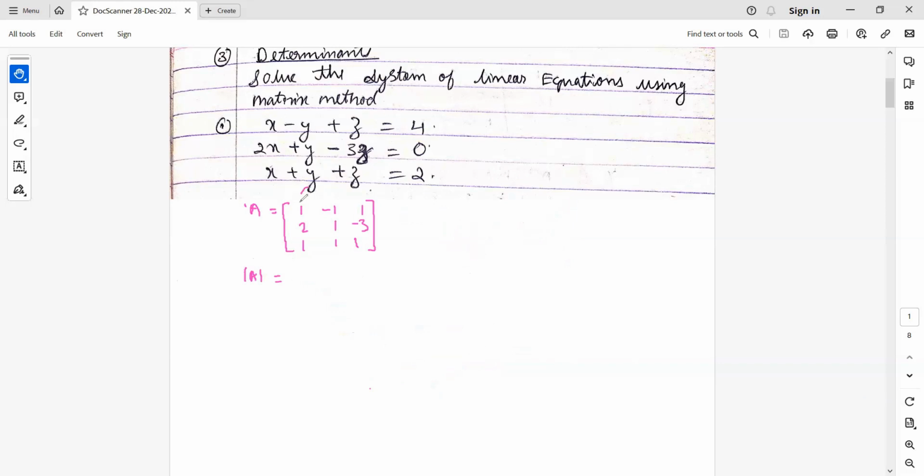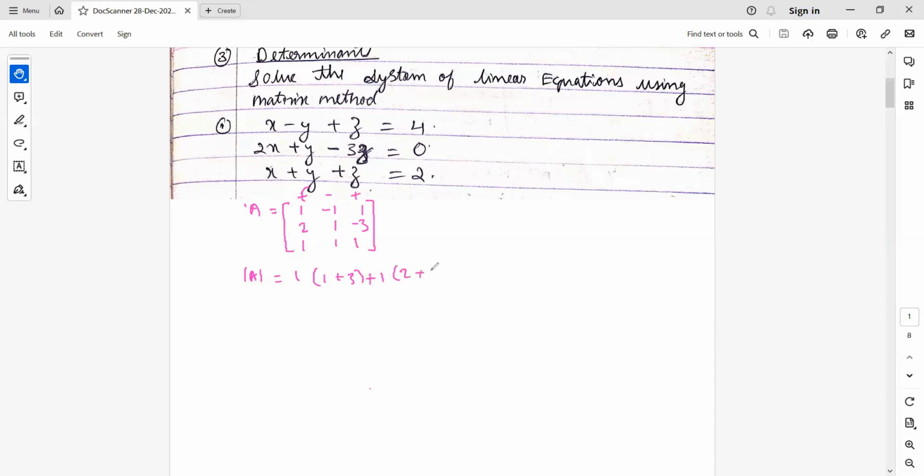So this will be plus, this will be minus, and plus. So plus 1 into 1 into 1 is 1, and plus 3. Next, minus 1 into minus 3 will be plus, and then 2 into 1 is 2, and 3.